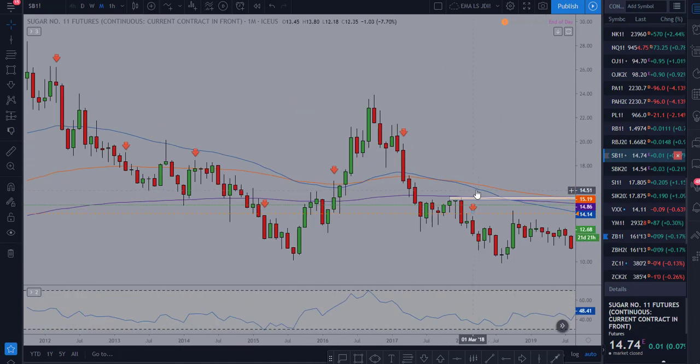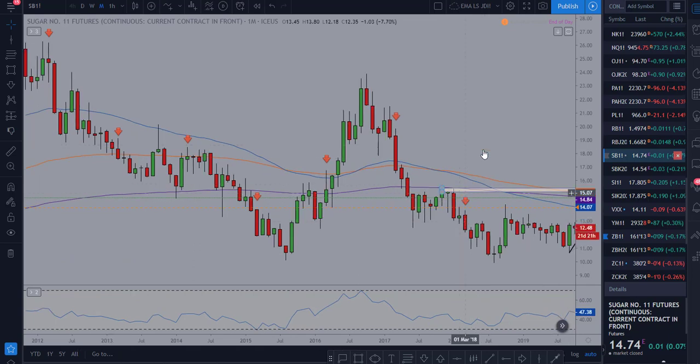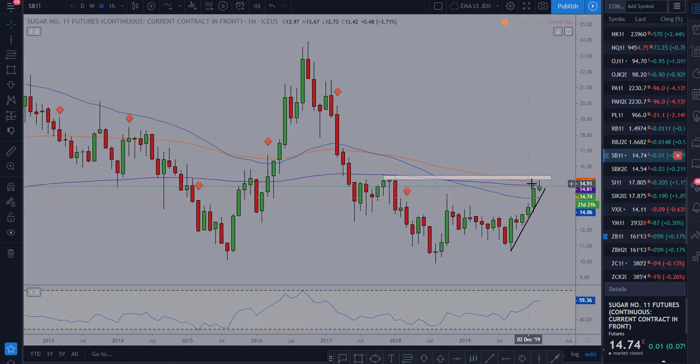You can see where I have these red arrows, that is the month of March. So here we are in February, and this was March of 18. You can see the market moved down. March 17, market moved down. This one did not work out, March of 2016. You can see that we traded into the 50 and 100-day moving averages, but then turned around, reversed and went higher.